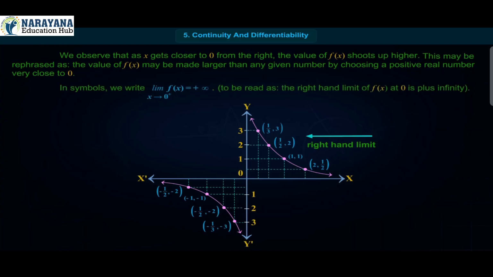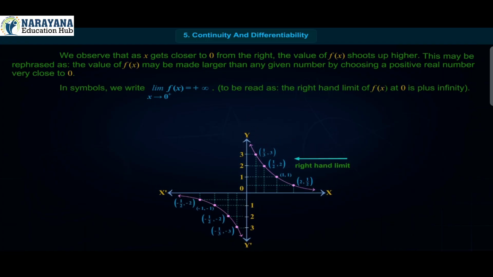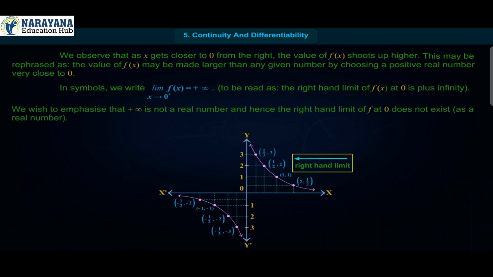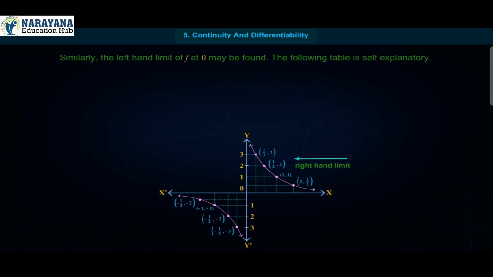In symbols, we write limit x tends to 0 plus f of x is equal to plus infinity, to be read as the right-hand limit of f of x at 0 is plus infinity. We wish to emphasize that plus infinity is not a real number and hence the right-hand limit of f at 0 does not exist as a real number.